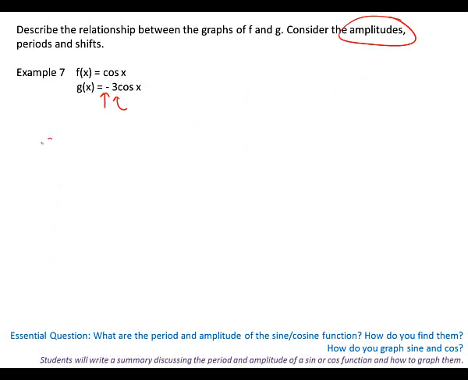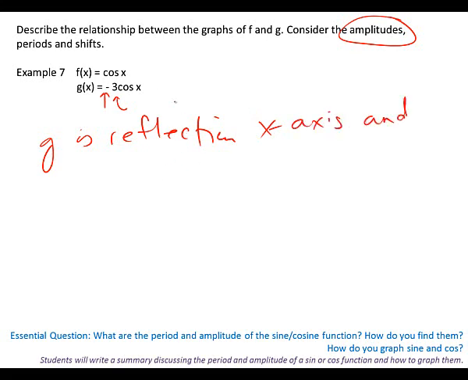So let's start with the reflection. So G is a reflection. Which axis when it's in front, X or Y? X-axis. Okay, and this is talking about the amplitude. We would say that it has 3 times the amplitude of the original. So G has 3 times the amplitude.